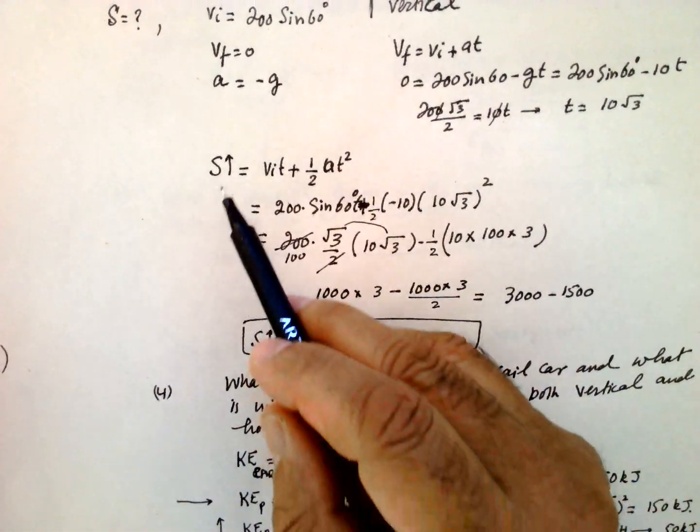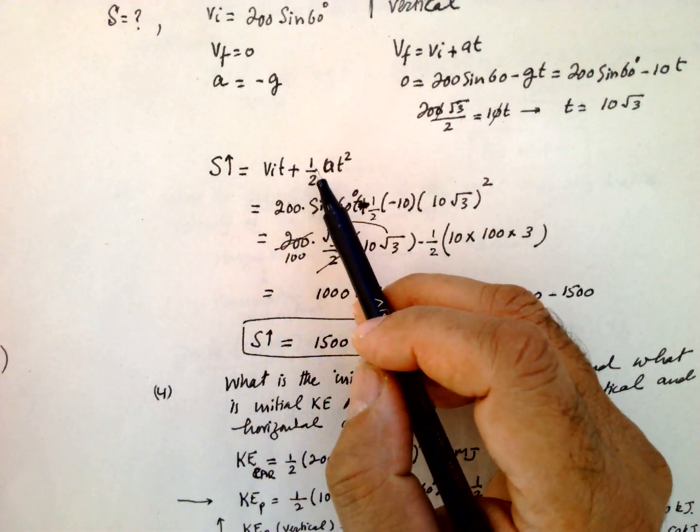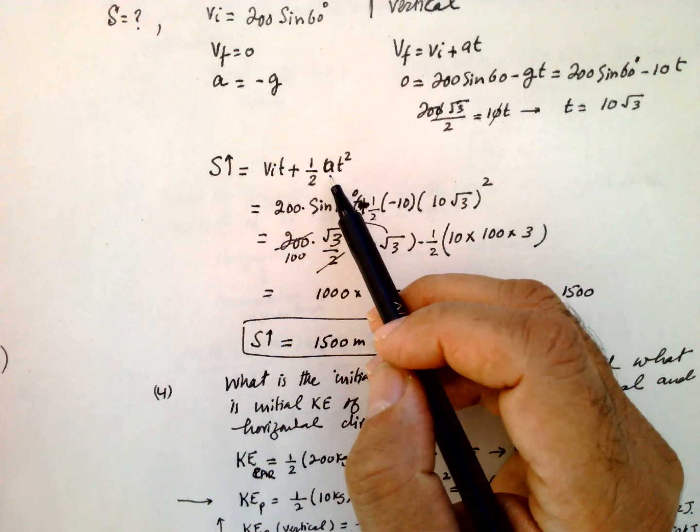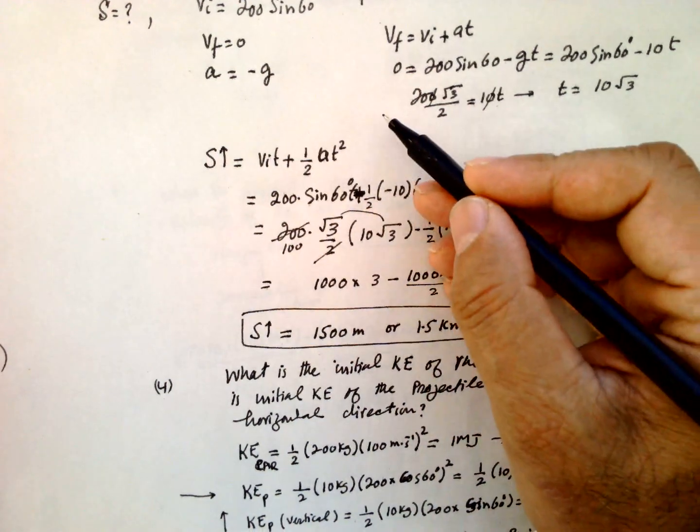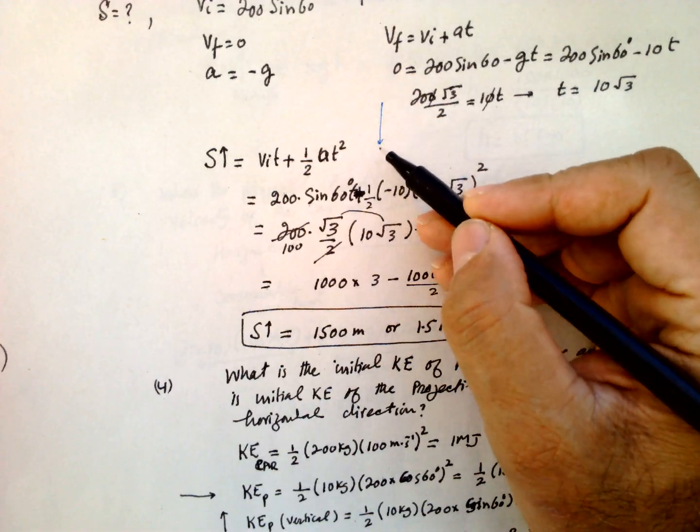So the distance S is equal to Vi t plus half a t square. Here g is negative.